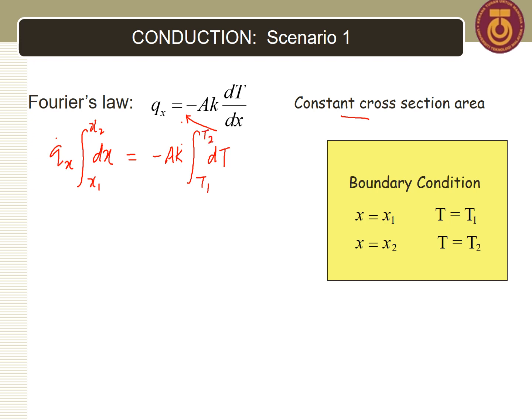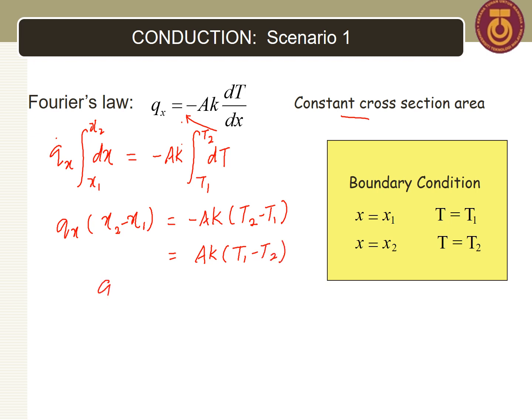It's quite easy to solve this. The solution, I believe you see already: x2 minus x1 equals negative AK times T2 minus T1. We want to remove this negative, so it becomes AK times T1 minus T2.